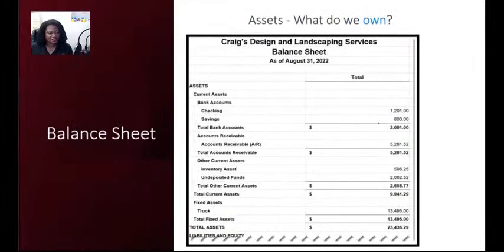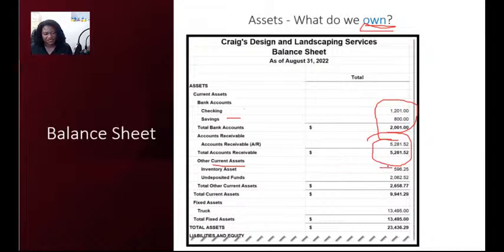Okay, drilling down into the asset section of what the company owns. Some examples of assets could be your bank accounts, of course, your checking, your savings, your accounts receivable, the customers that owe you money, and those current assets. In this example, we have an inventory asset. Perhaps you purchased inventory for resale.